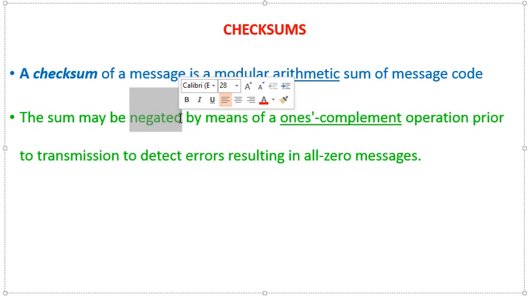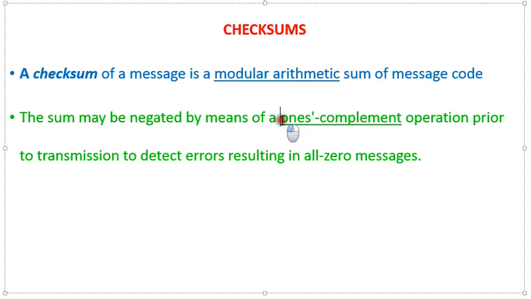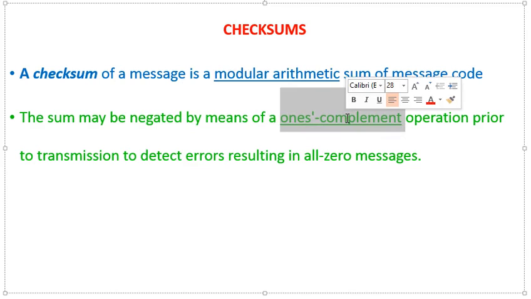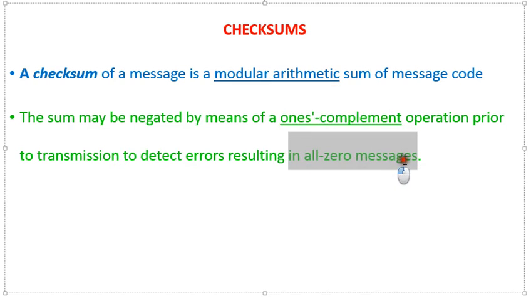And how do you make it negative? By doing what we call a ones complement operation before you send the data to the receiver. The receiver is expected to detect errors which result in all zeros. When all the message sent is 0, it will say there is an error, but if not, then there is no error.